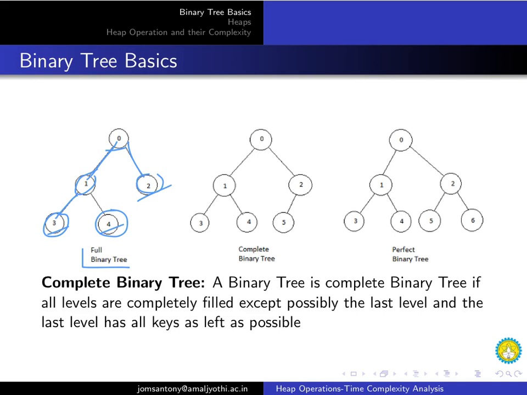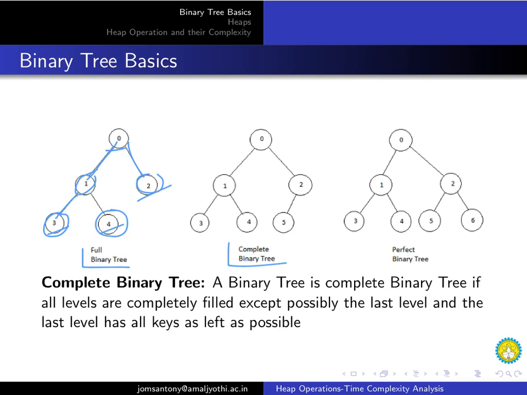And a complete binary tree, we'll try to understand what is a complete binary tree. A complete binary tree is a binary tree in which all the levels are completely filled except the last level. And in the last level, we can have gaps in the right side.